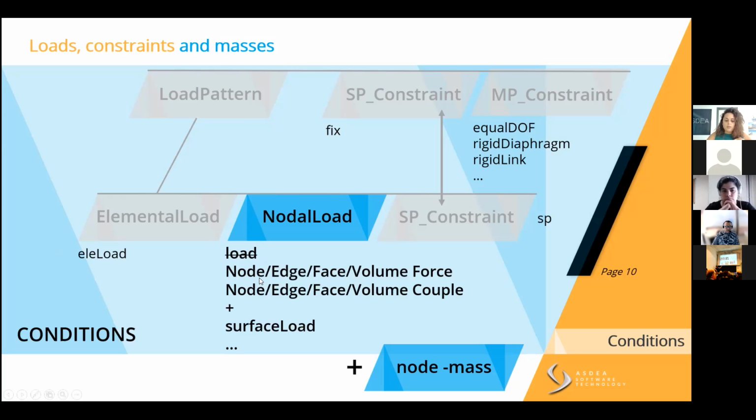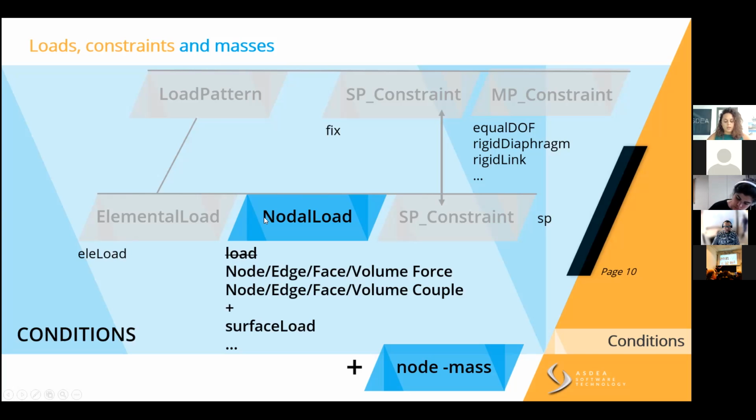But what all of these commands do, even if you can apply them on different kinds of geometries, is anyway use the load command to transform the load that you are applying into a nodal one. So just so you know, every load that you apply in STKO and OpenSees, except ElementalLoad, is a nodal load, okay?